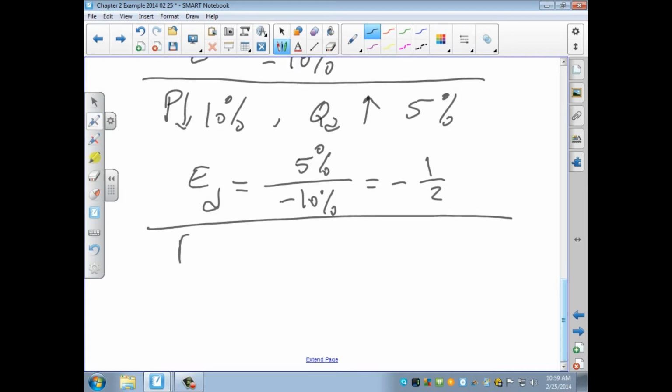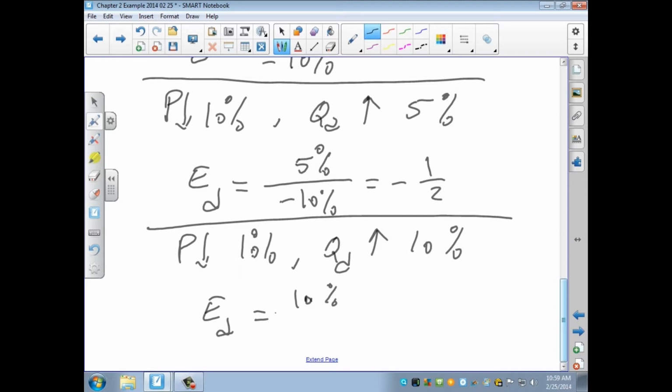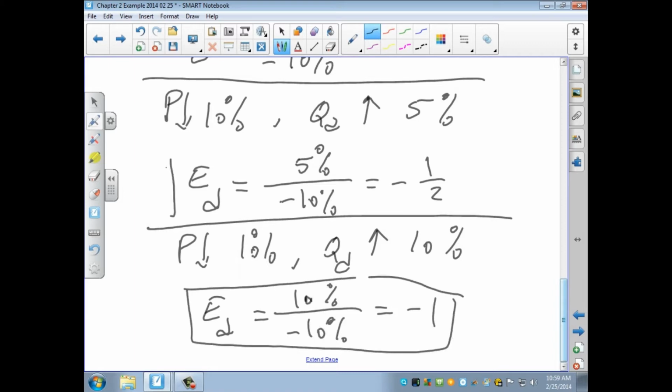Continuing on the same thing, if price goes down by 10%, quantity demanded goes up also by 10%, then the elasticity would be equal to 10% change in quantity demanded divided by minus 10% change in price, which would be equal to minus 1. So those are different scenarios that can happen.